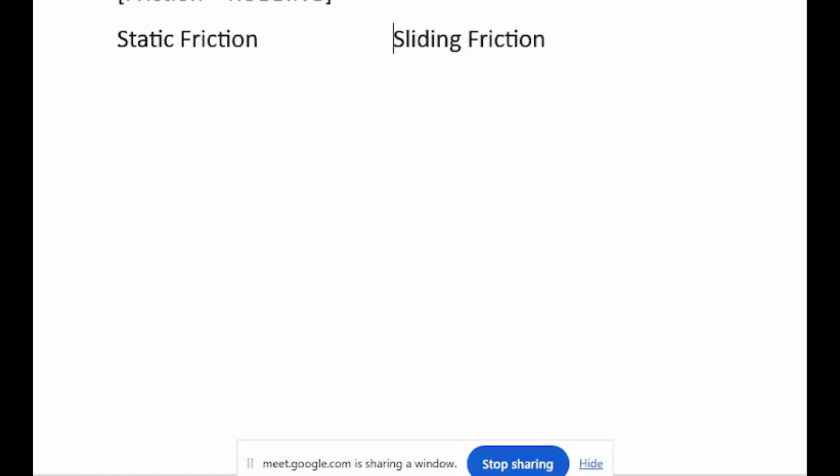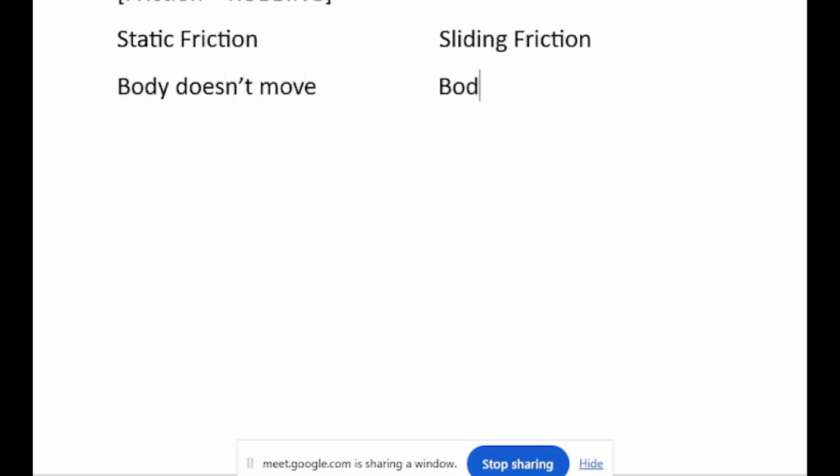Don't say friction doesn't move; the body does not move. And here the body moves.